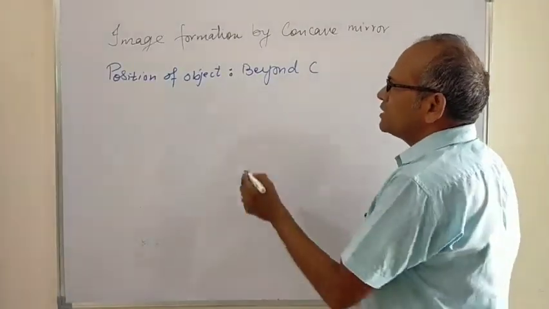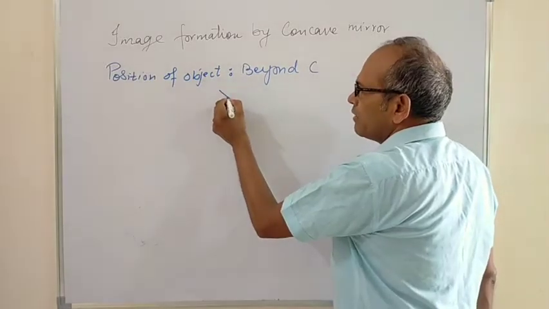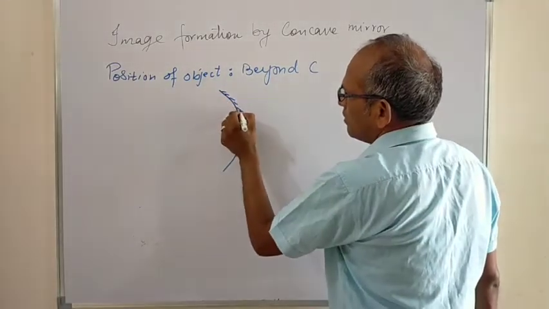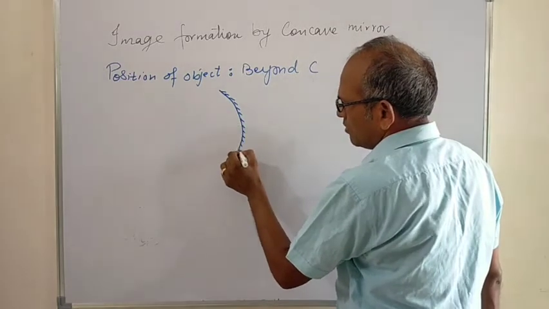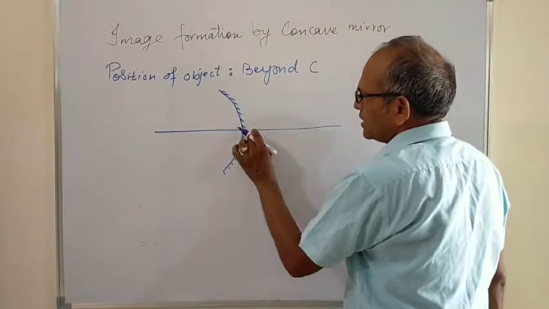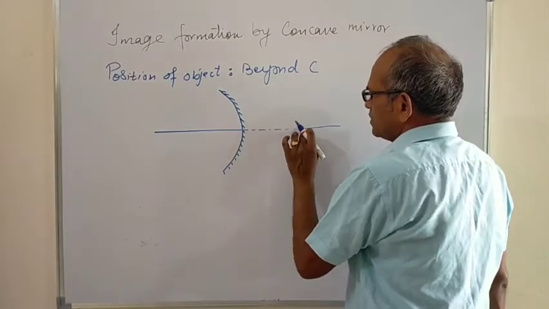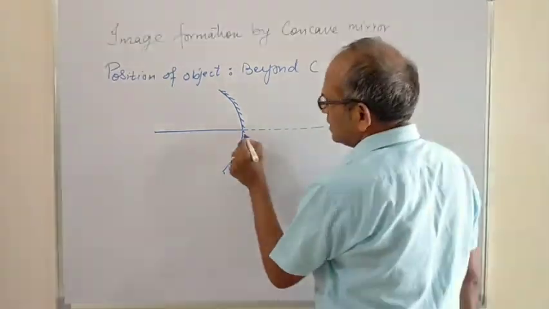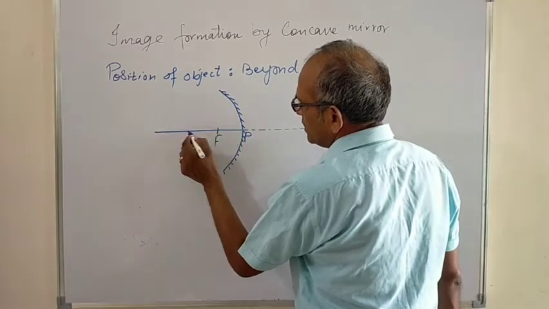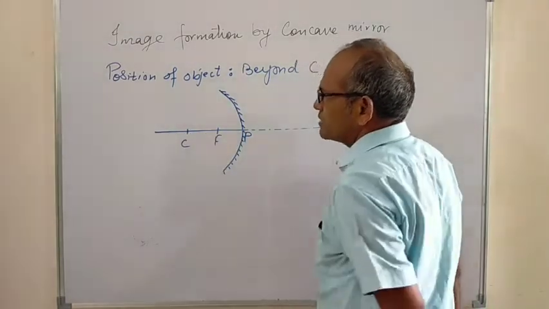Again, students, for this I will take one concave mirror and draw the principal axis. This is the pole, this is the focus, and this is the center of curvature.